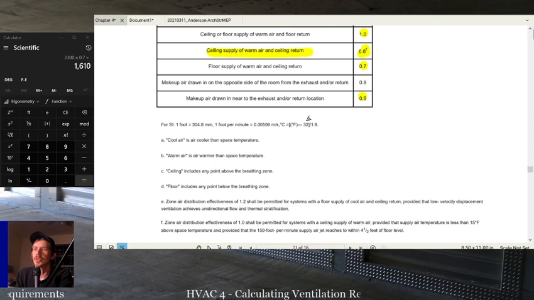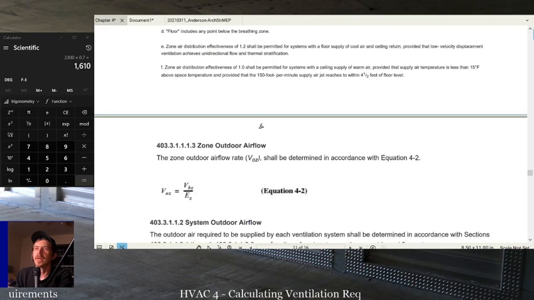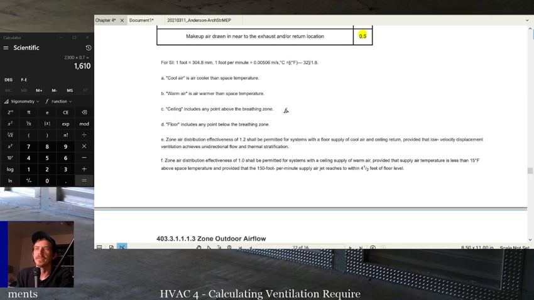So this effectiveness is what determines how much air you really have to provide, because you take the zone outdoor airflow rate, right? The zone outdoor airflow rate, so the actual amount of outdoor air your equipment needs to do, is the ventilation to the breathing zone, so this is the number we just figured out, divided by the zone air effectiveness up here.